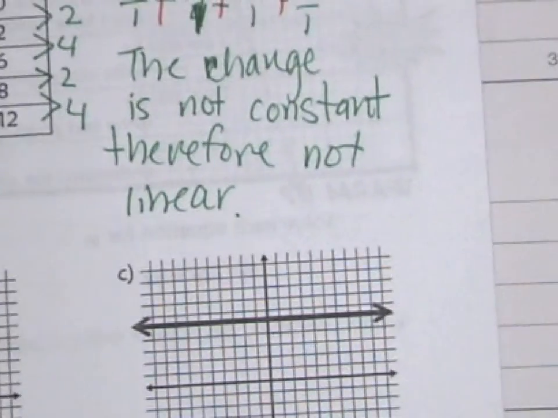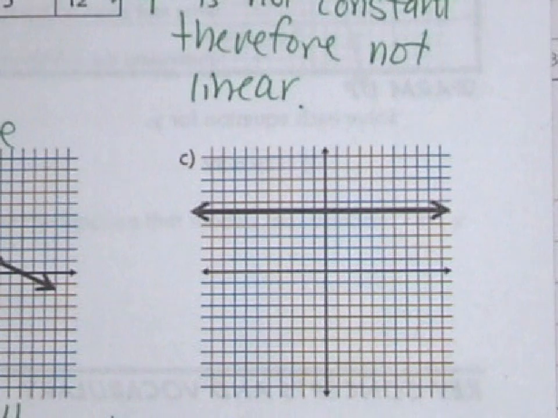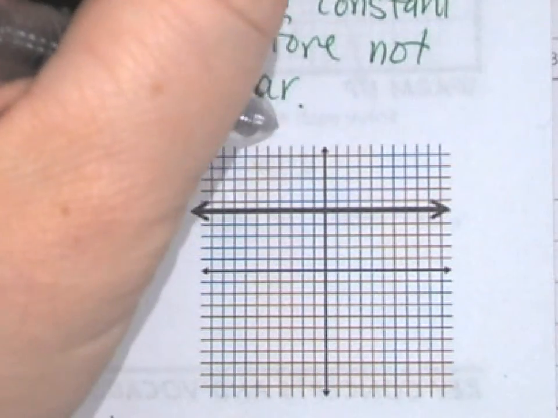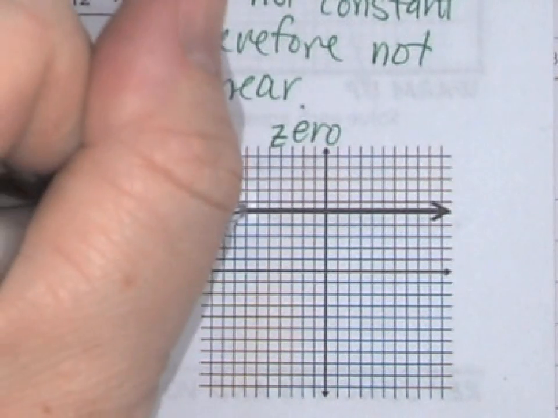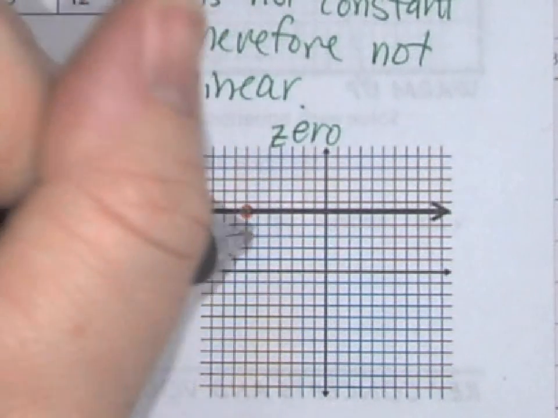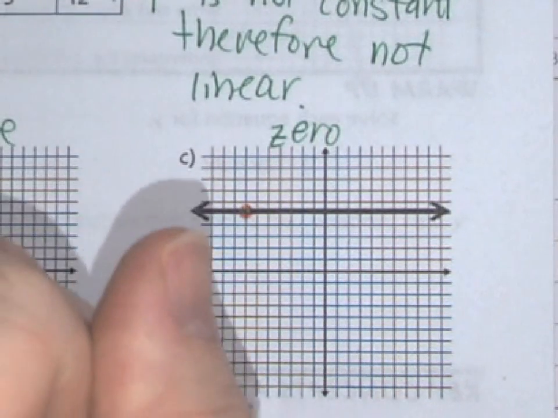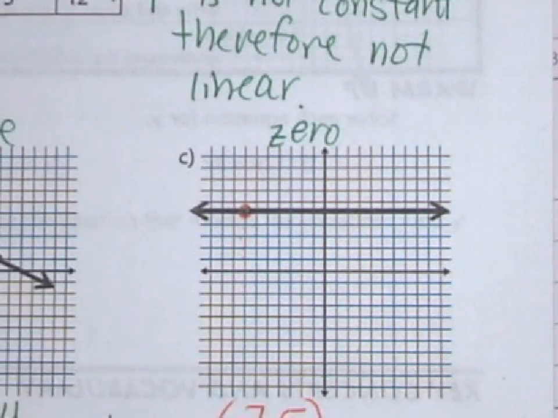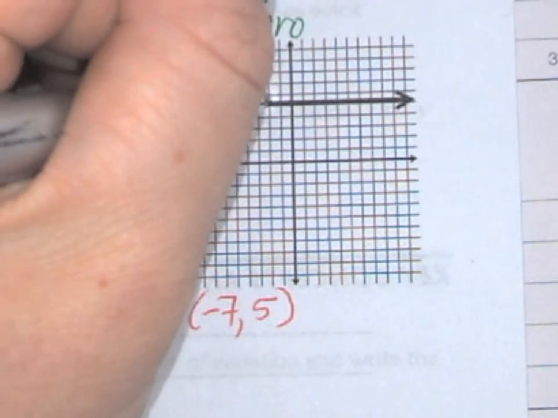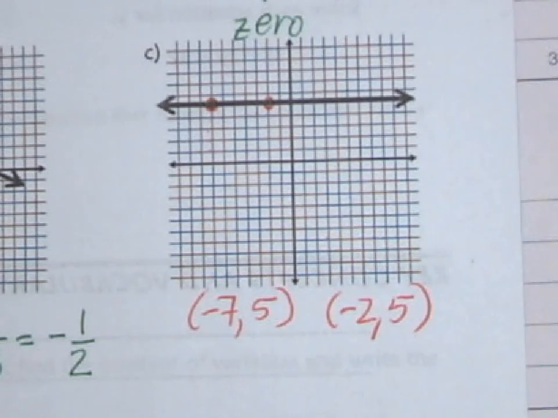All right, the next one here, we can see it's a horizontal line. So by the picture, that should have a 0 slope. Well, let's prove it. So we can identify some ordered pairs. So this is at (-7, 5). And I'll pick another point right here, which is at (-2, 5).